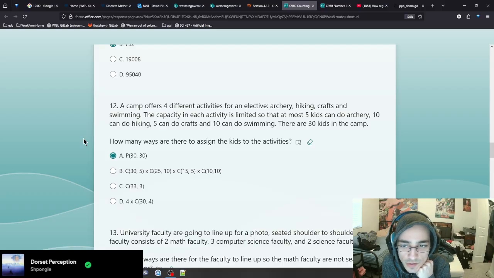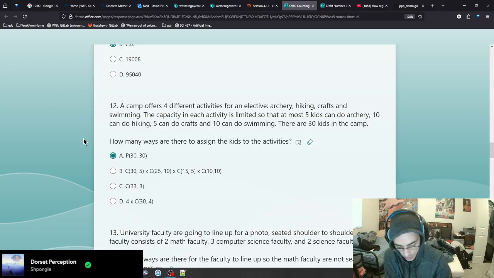So camp offers 4 different activities. There are 30 kids in the camp. How many ways are there to assign the kids to the activities? 30 distinguishable children. Okay. And this could be a bit string, right?